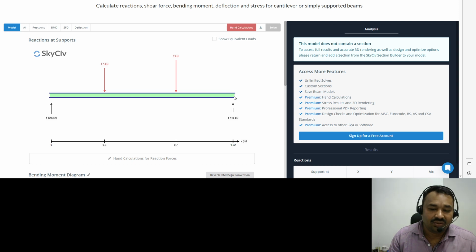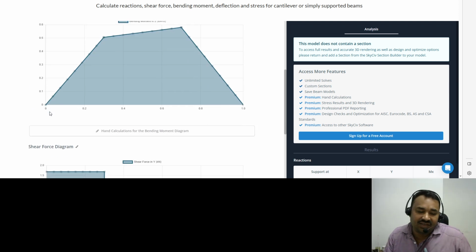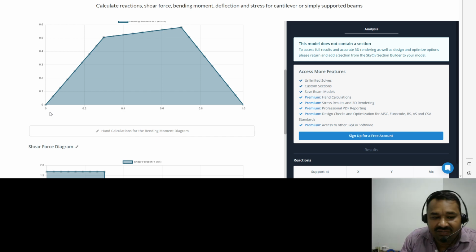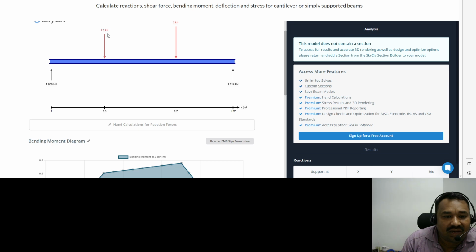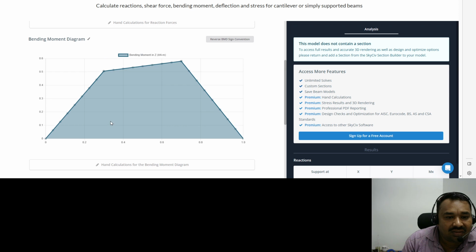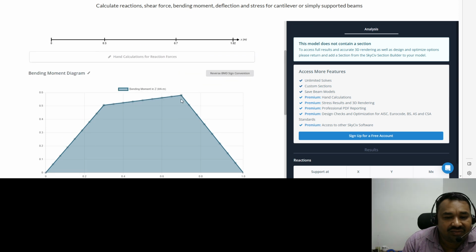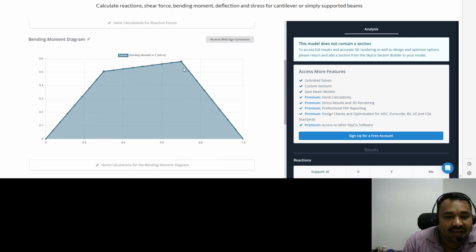Means there will be no moments at both the supports. At our support side, obviously the moment will be resisted. As there is a 1.5 load, corresponding to this value it is up to here, and it is varying linearly, and the maximum value corresponds to the maximum point load, 2 kilonewton. This is the maximum value.